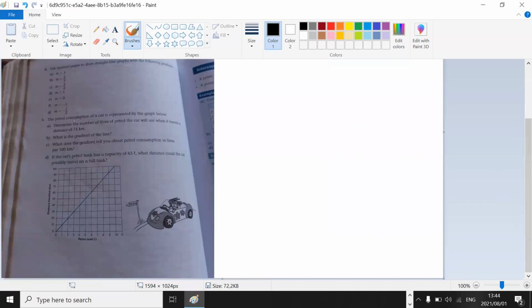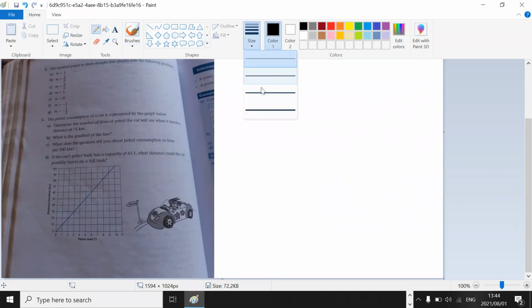All right, so the car is going to use 7.5 liters when it travels 75 kilometers. So we have answered the first question. Then let's go to the second question.